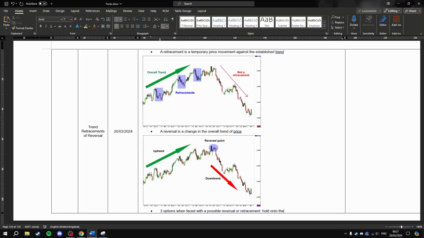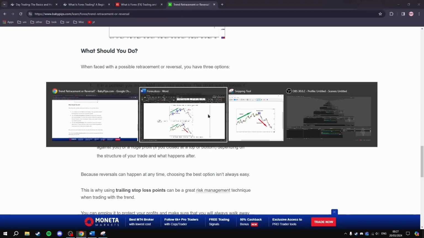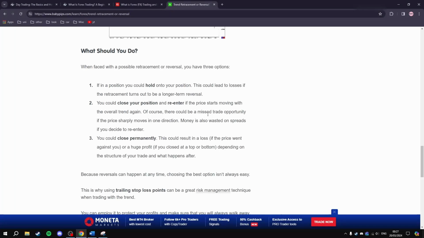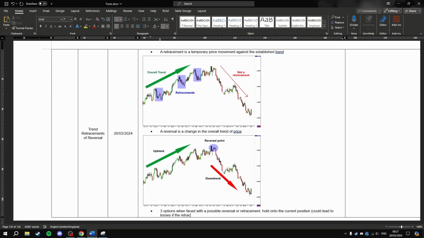Option one, hold on to the current position. It could lead to losses if the retracement turns out to be a reversal.